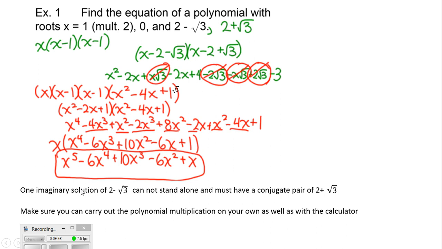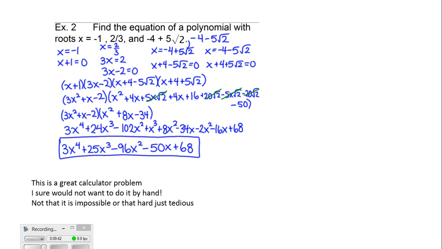And I'm going to fix that so it does not say imaginary, but does say irrational. Find the equation of the polynomial with roots -1, 2/3, -4 plus 5 root 2, and negative 4 minus 5 root 2.